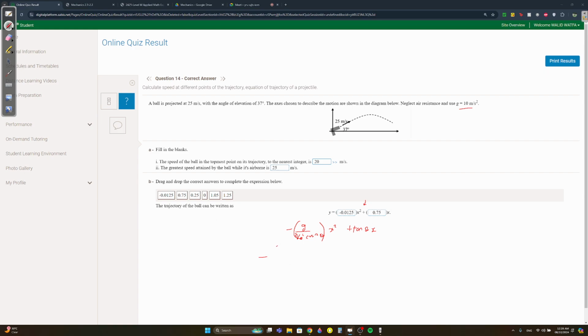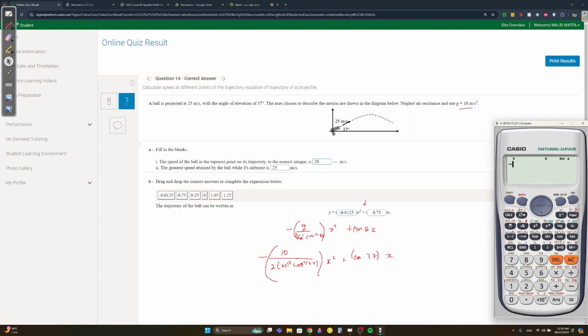Minus g, which is 10, over 2 times 25 squared cosine squared 37, x squared, plus tan 37 x. Let's see what we get.